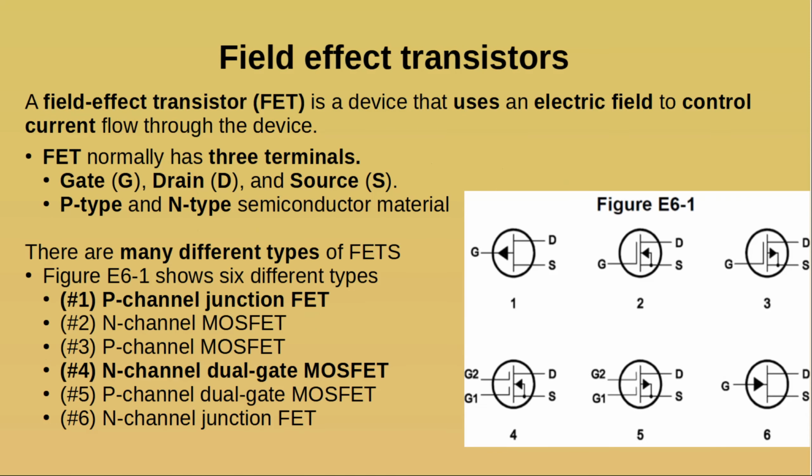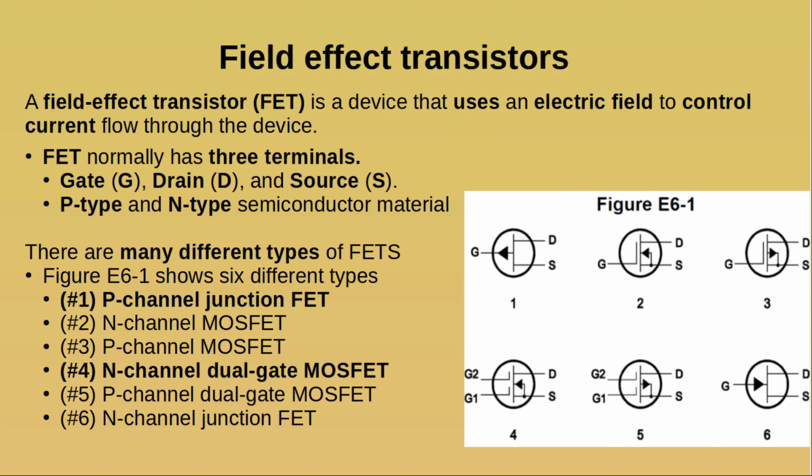Okay, now we have field effect transistors. Like I said, they work more like a vacuum tube: bipolars are current devices, field effect transistors are voltage devices. And like a bipolar transistor, it has 3 elements.